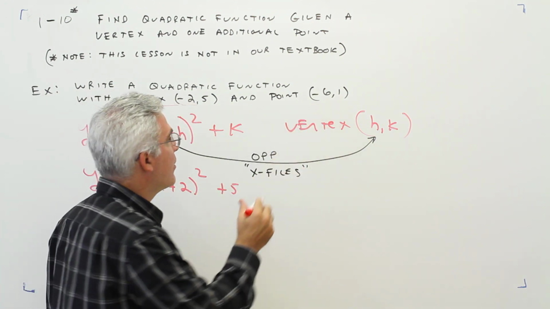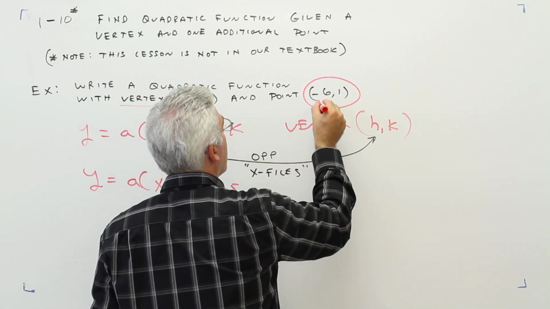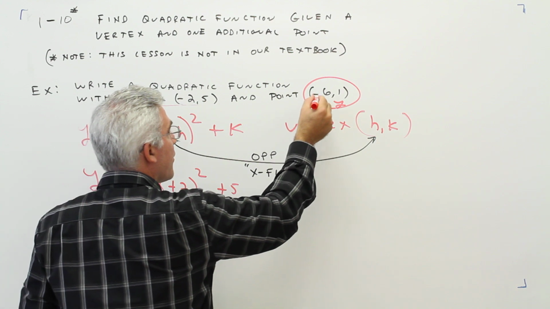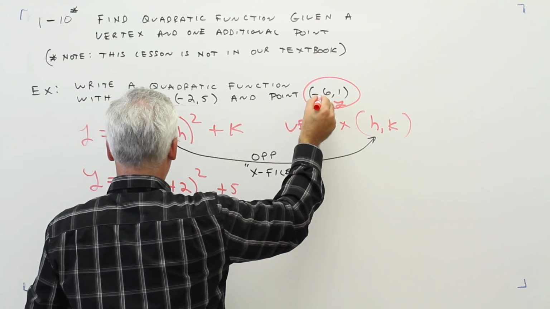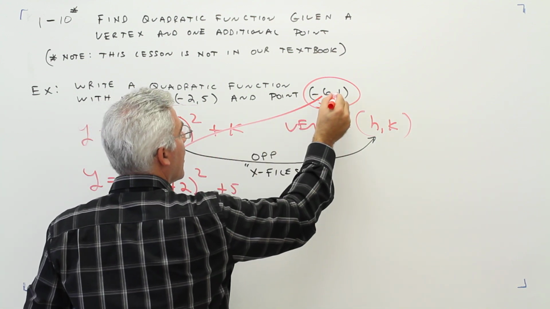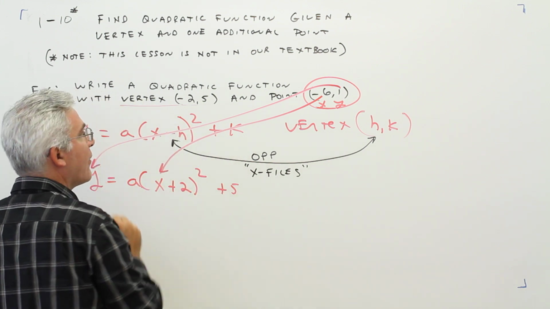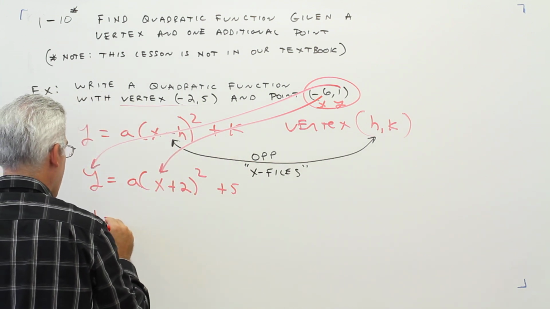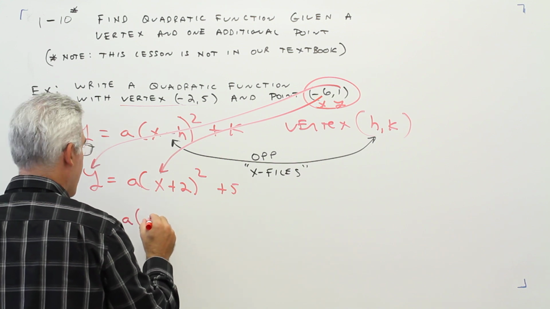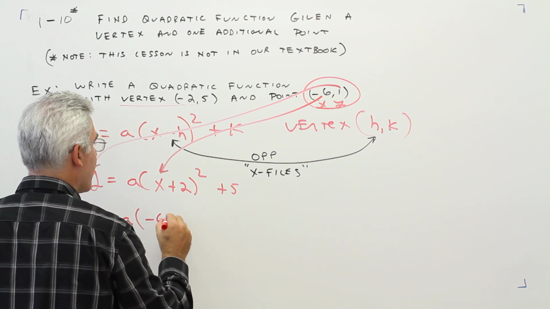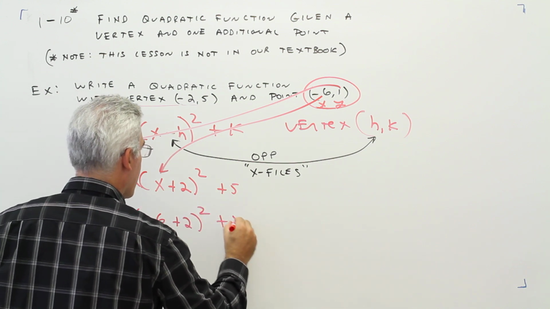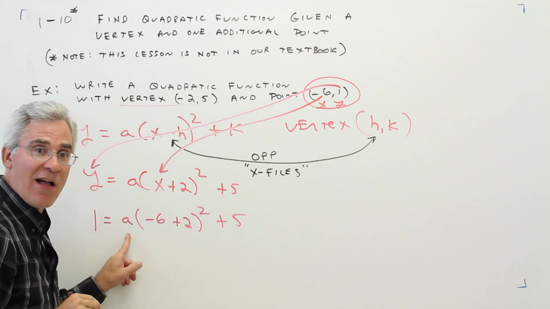Oh, I do. I'm going to use this point and substitute it into here. So -6, that's the x value, and 1, that's the y value. So I will write 1 equals a times -6 plus 2 squared plus 5, and just solve that equation for a.